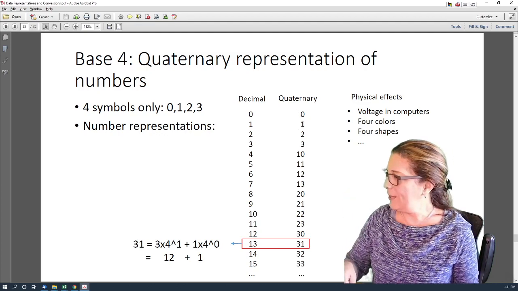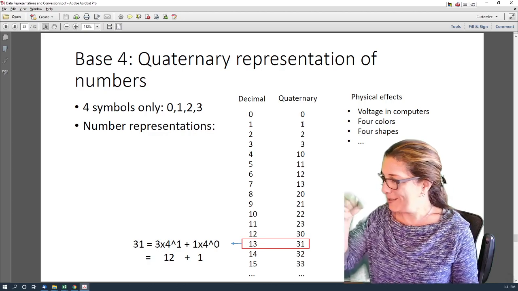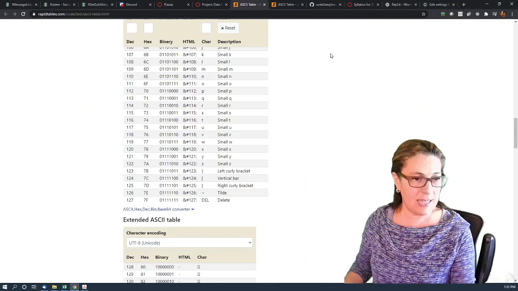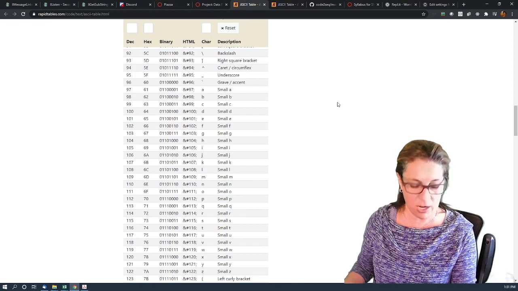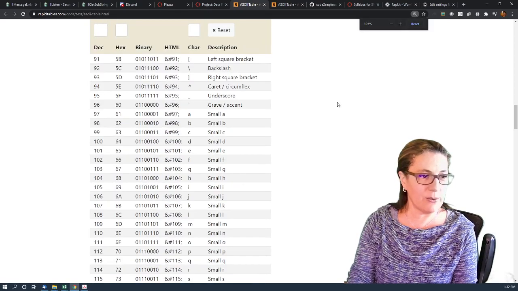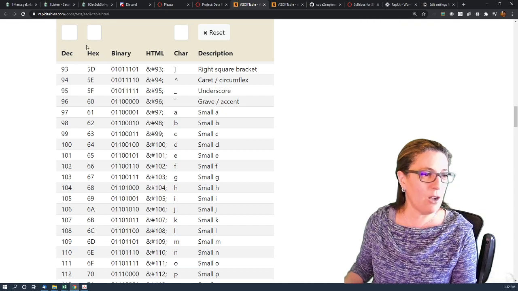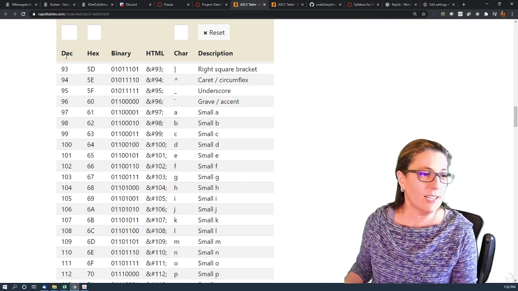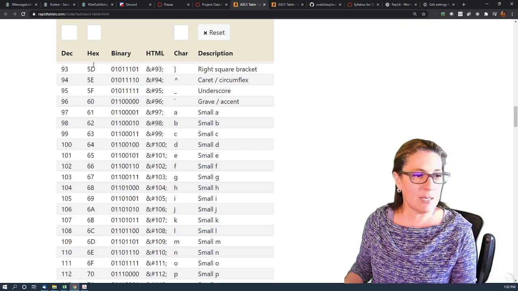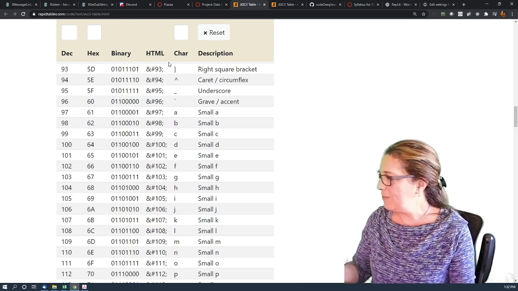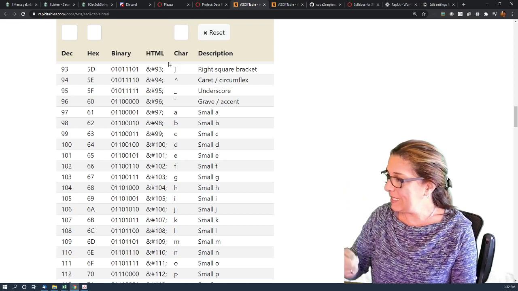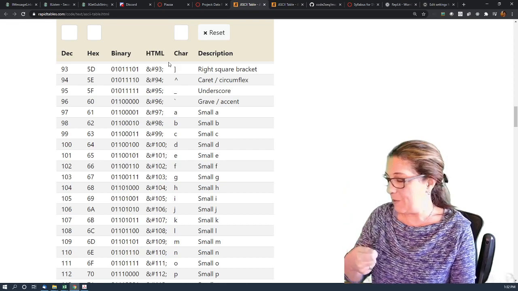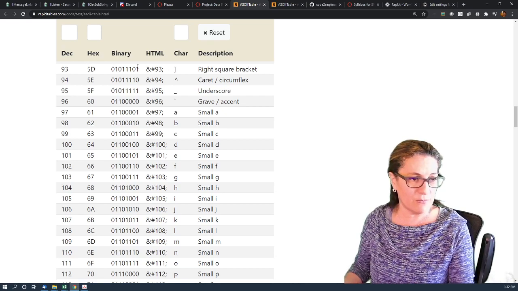Just write down the numbers in quaternary, just like they are here in binary and hexadecimal, which I didn't talk about. There are 3 columns over here, actually 4: the decimal notation, the hexadecimal notation, the binary notation, HTML.